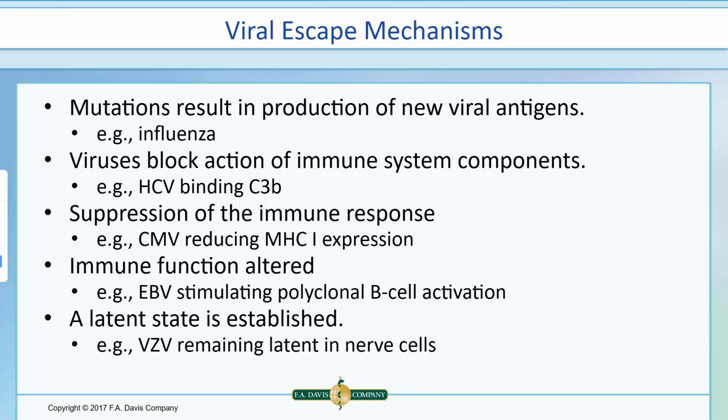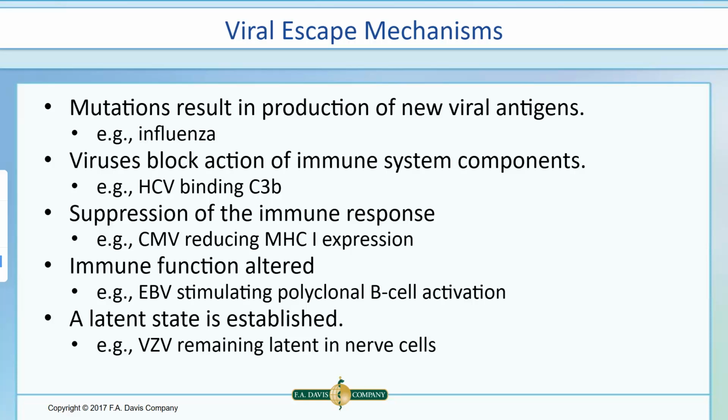The virus blocks the action of immune system components. So HCV, hepatitis C virus, can bind to C3b to prevent that from happening. Suppression of the immune response: cytomegalovirus, CMV, reduces MHC class I expression. MHC class I is what holds up the virus to your immune system.